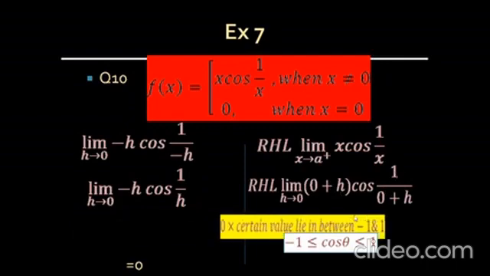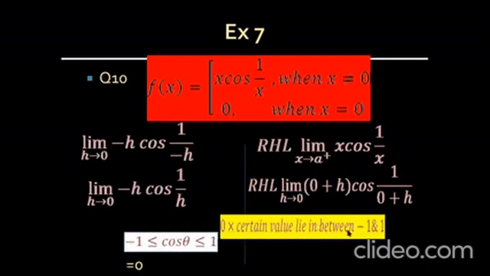Now if we put the value of the limit and simplify, we get 0 into a certain value lying between minus 1 and 1, because cos 1 upon h lies between minus 1 and 1. So if we apply the same concept that we already applied in the left hand limit, we get the result equal to 0.